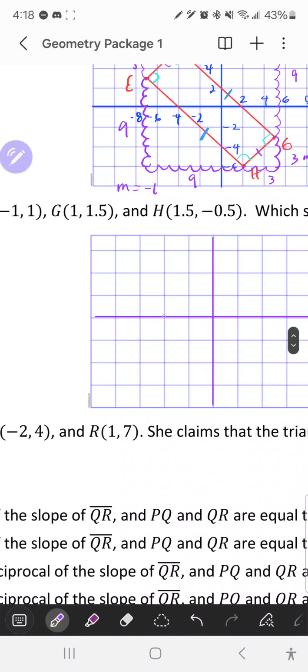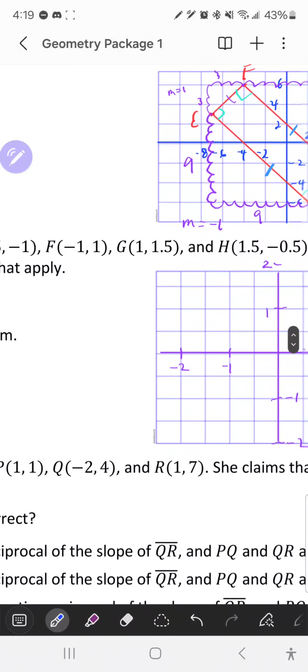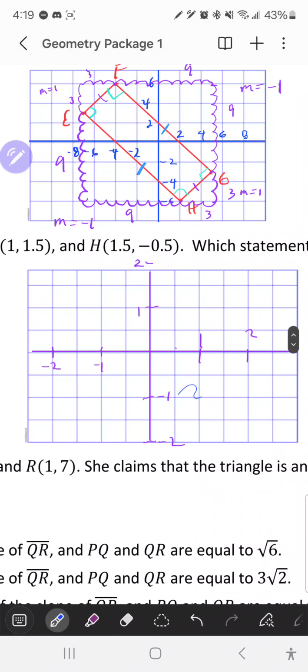So in this, I'm going to make this one negative 1, negative 2, 1, 2, 1, 2, negative 1, negative 2. Now, E is 0.5 comma -1, so that is going to be E. I just made the square width 0.5, so it is easy to see and graph.